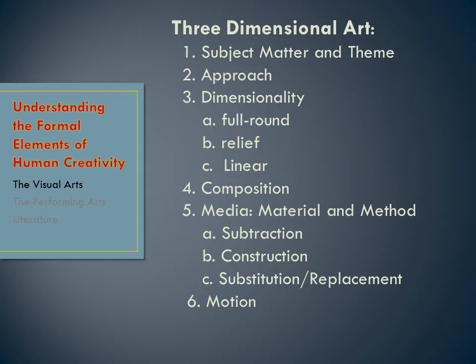The first is subtraction. In other words, creating a three-dimensional piece of art, a sculpture, by taking something away from the material. When an artist who is working with stone, for instance, chisels away, breaks away the stone, that is subtraction. They're taking away from the entire piece of stone to create the images. So, for example, Mount Rushmore is a huge example of subtraction method sculpture.